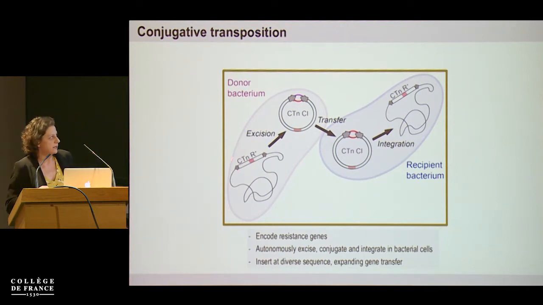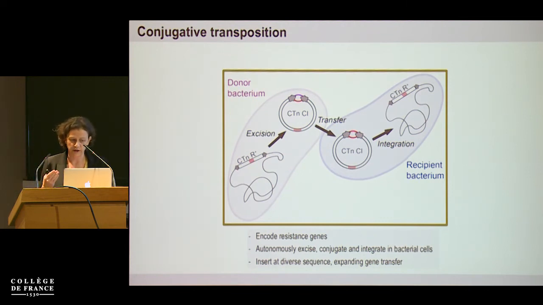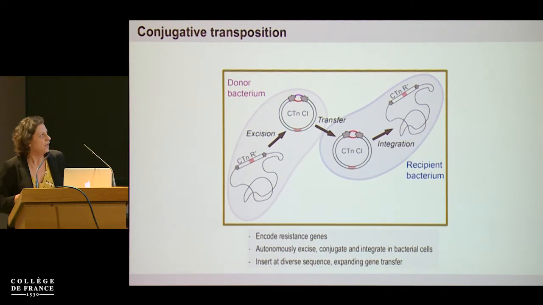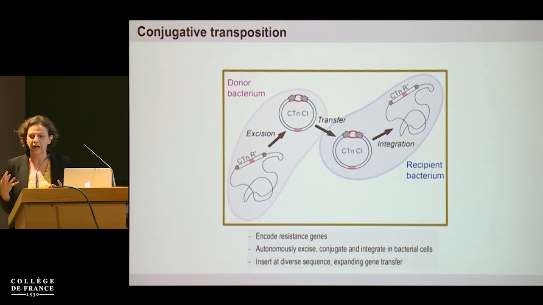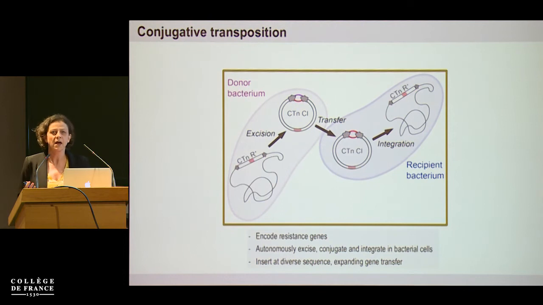These elements very frequently contain antibiotic resistance genes. So when they hop from one bug to another, they create a bug that is resistant to the antibiotic that the parent cell has been resistant to. If you do this a couple of times with different types of resistance genes, then very quickly you develop a multi-drug resistant bug that is almost essentially impossible to treat, because we quickly run out of antibiotics that we could use to kill this bug.